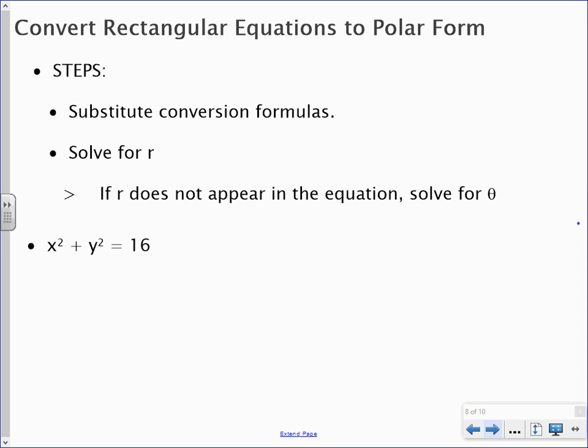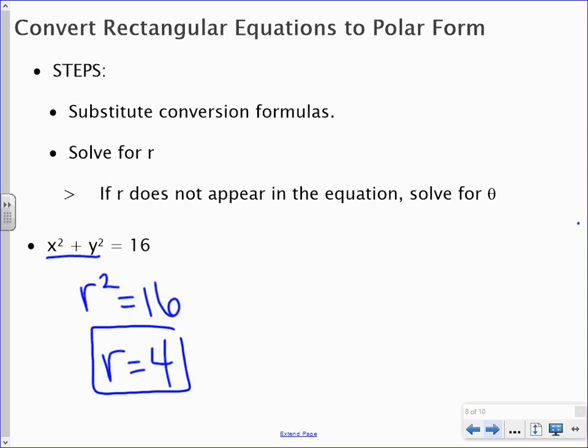All right, Pod 3, suggestion? Okay, x squared plus y squared, we can replace with r squared, which means r squared is 16. Remember, I do want you to solve for r, which means r equals 4.